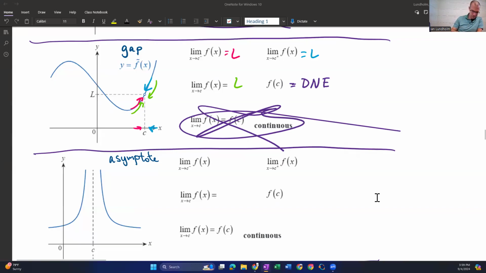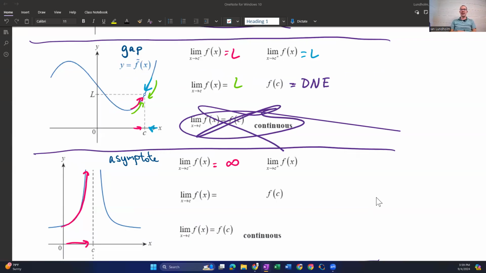Here, if we're doing a limit from the left, it looks like our y values continue to increase without bound as we approach the x values closer and closer to c. So in this case, we would write the limit from the left looks like infinity.